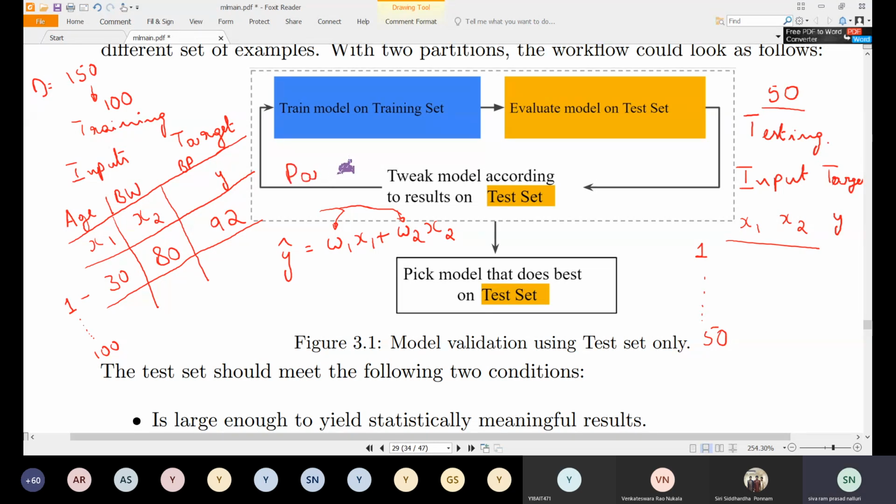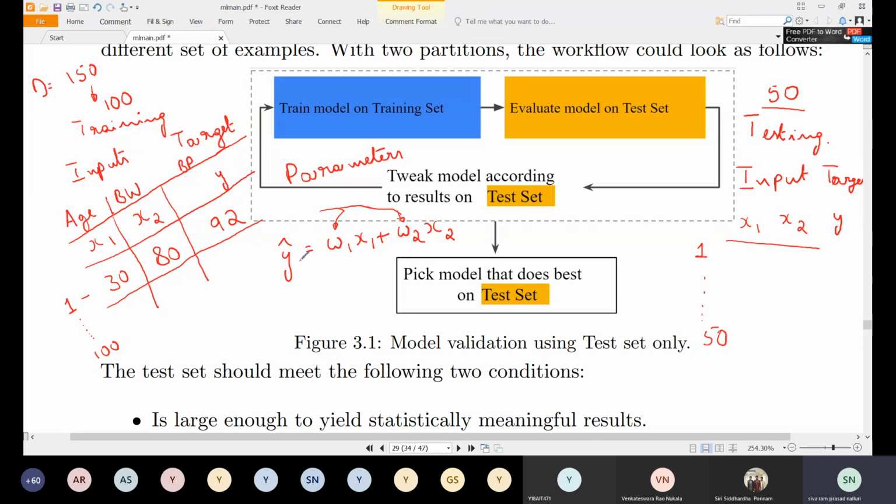Just recollect. These two are called parameters of the model. The parameters of the model are unknown values.